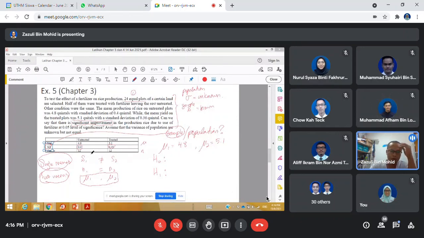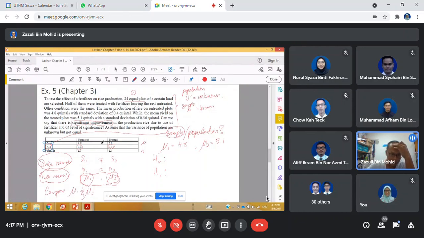So we have two means here because we have mean number 1 and mean number 2. We have to compare the means. Our job is to compare mean 1 and mean 2.